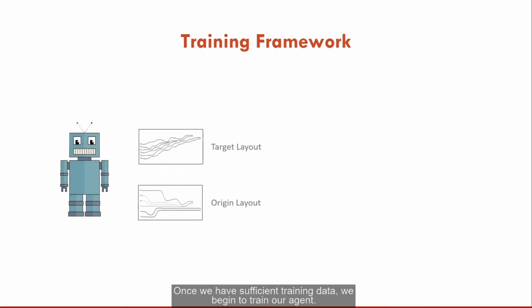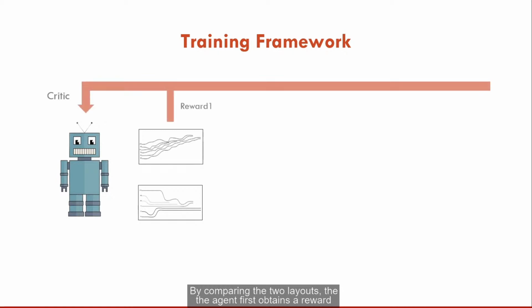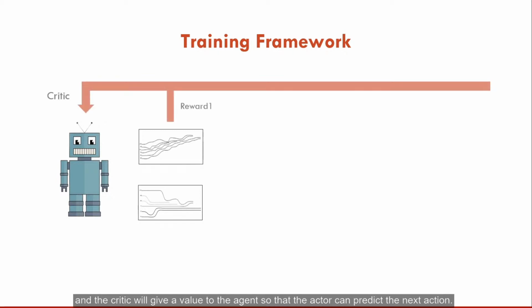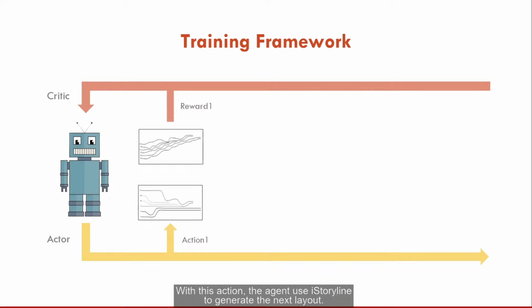Once we have sufficient training data, we begin to train our agent. The agent should modify original layouts to resemble the target layouts. By comparing the 2 layouts, the agent first obtains a reward, and the critic will give a value to the agent, so that the actor can predict the next action.